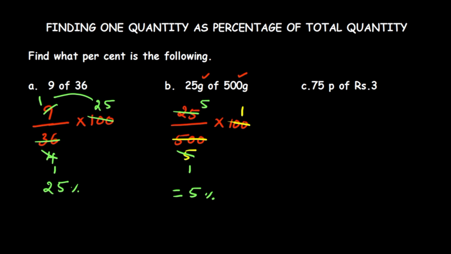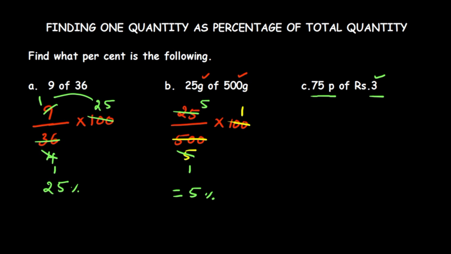The next one, 75 pies of 3 rupees. Observe here, this is very important. 75 pies here, this is 3 rupees. You should not take 75 divided by 3. No, this is wrong, because we are comparing 75 pies with 3 rupees.